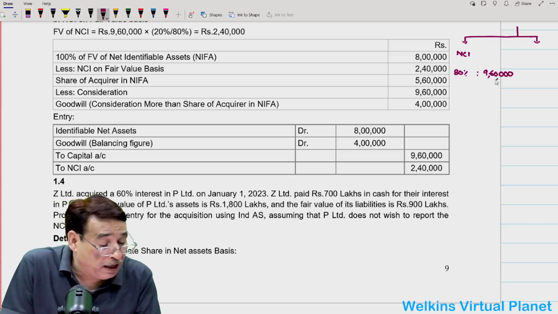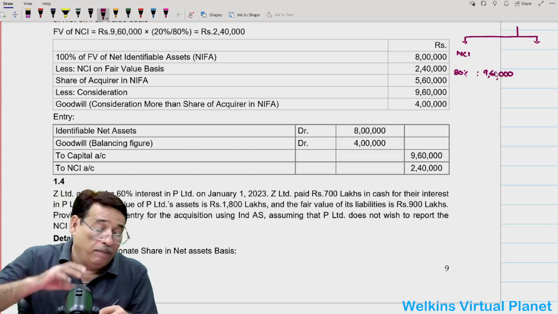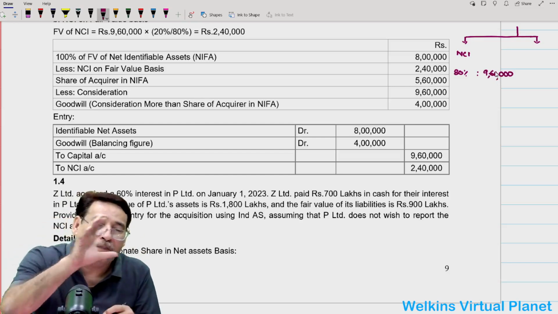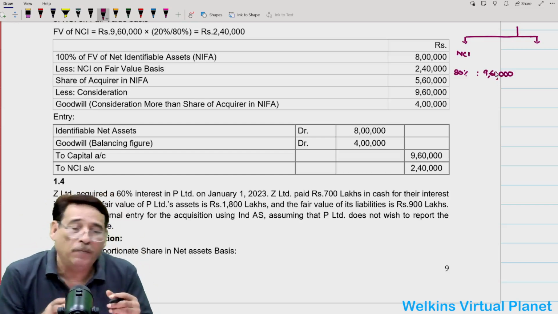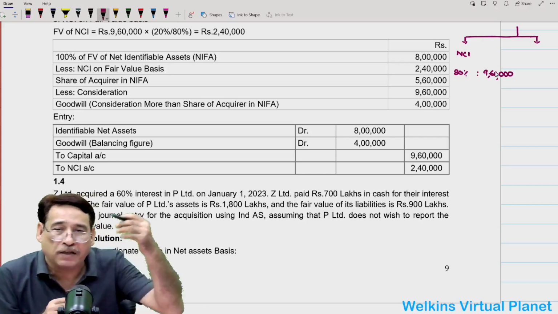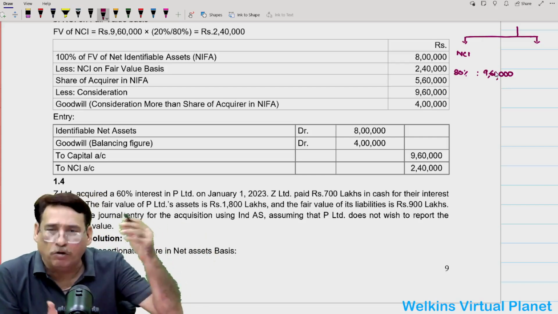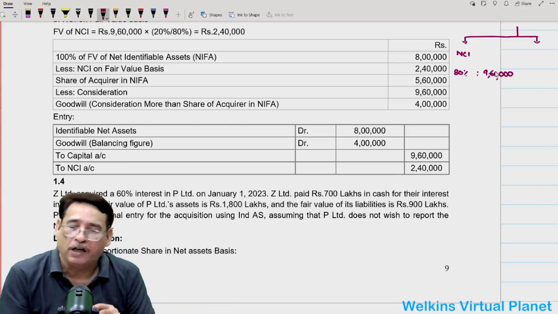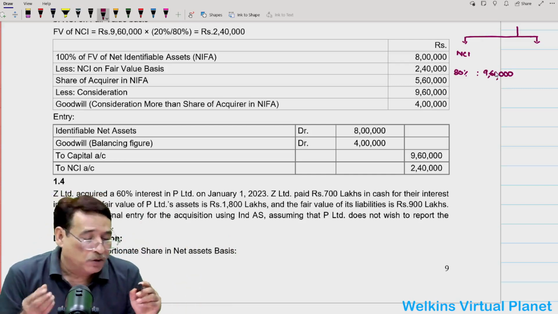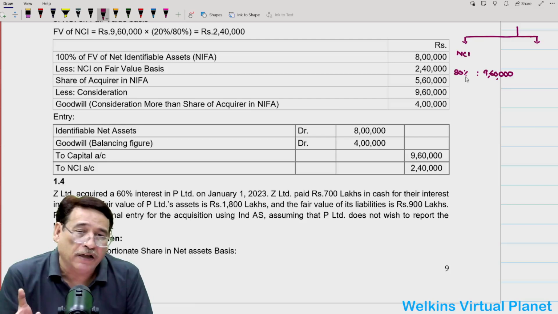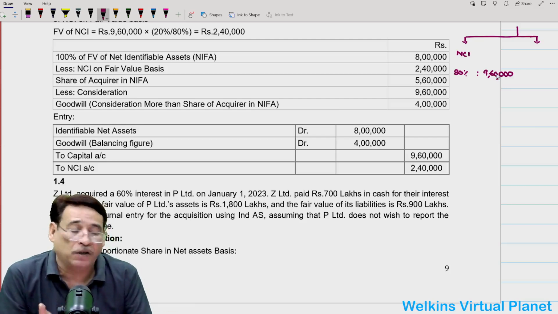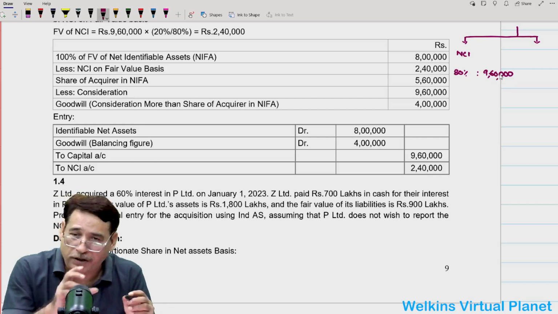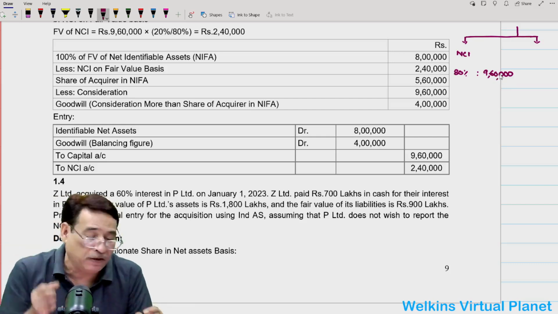Because when A Limited acquired 80% share, it must have paid 9,60,000. But on what basis? On the basis of the fair value of the shares of the acquiring company. It is quite obvious. So in order to acquire 80% shares, we paid 9,60,000. So 9,60,000 represents the fair value of 80% stake.